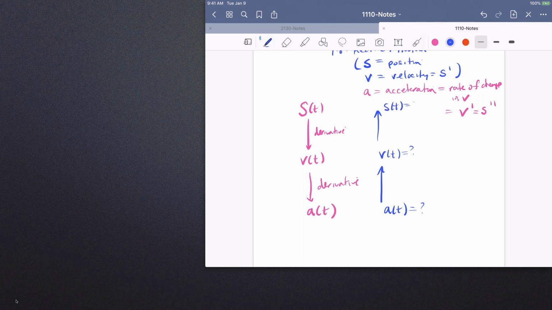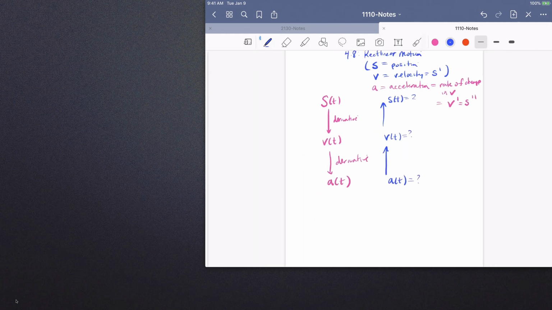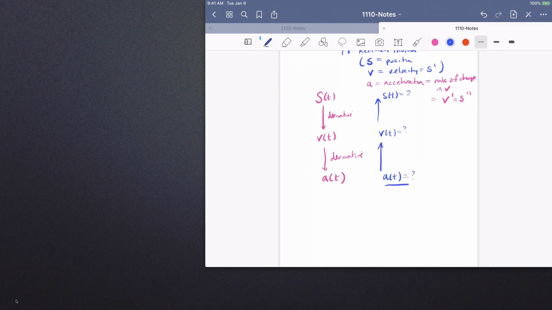So for example, let's say that you know the acceleration. Like from physics, we know that the acceleration due to gravity is a constant, and that is minus g for gravity. That's negative 9.8 meters per second squared, or sometimes called negative 16 feet per second squared.